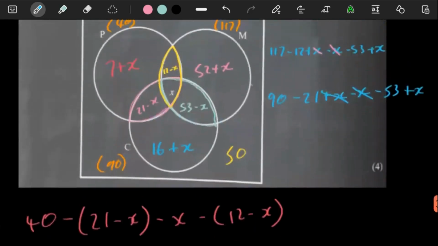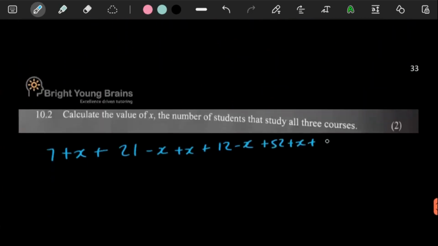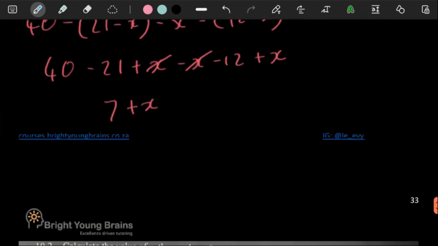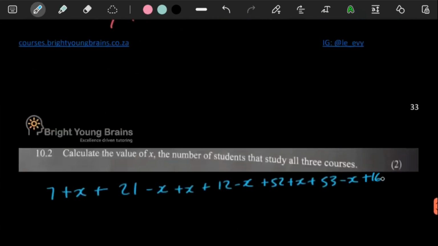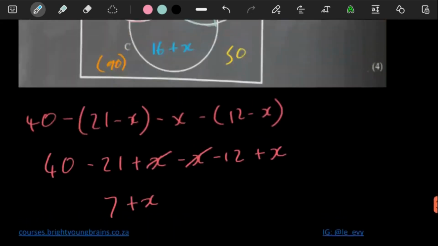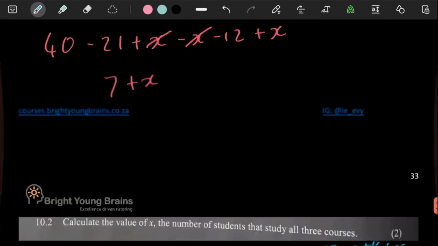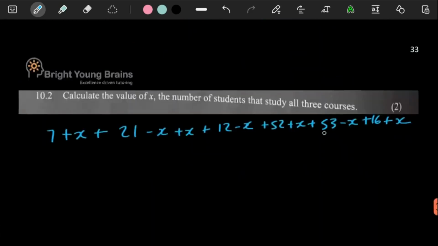Then you also have to add the 53 minus x. And then you also have to add the 16 plus x. And then that's like 1, 2, 3, 4, 5, 6, 7 things.